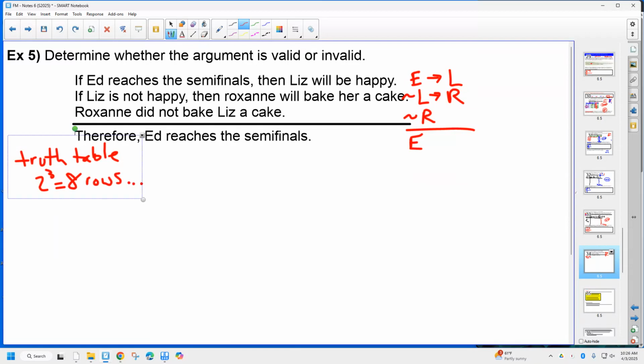But if you understand those 4 methods for showing things are valid, you could use some reasoning and reason this out. Okay, so let's look at this. I don't have this written very well on my page here, but this kind of looks like Modus Tollens.